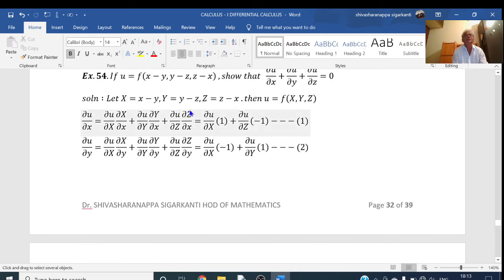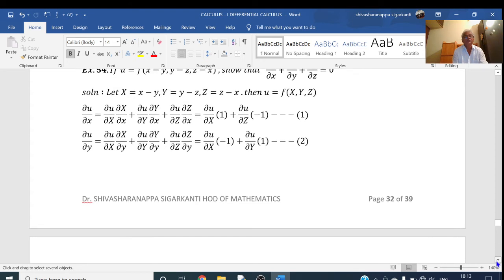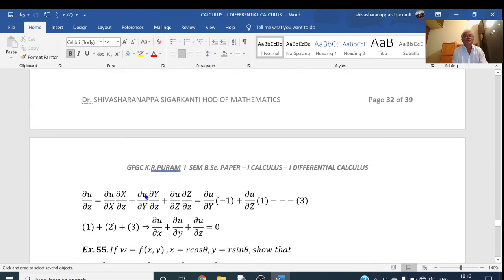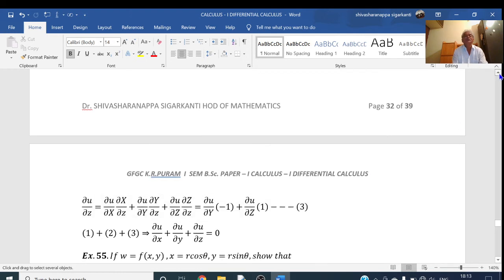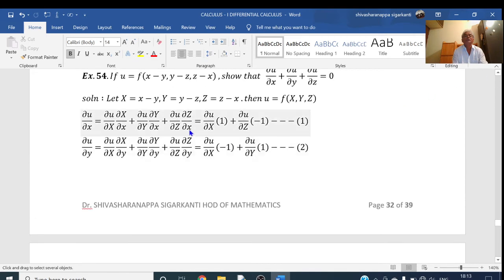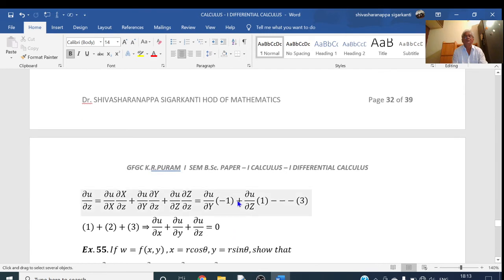Here capital X is equal to x minus y. If I differentiate this with respect to z, I will get 0. So the first term becomes 0. Then ∂u/∂Y into ∂Y/∂z. Here my capital Y is equal to y minus z. If I differentiate this with respect to z, I will get minus 1.